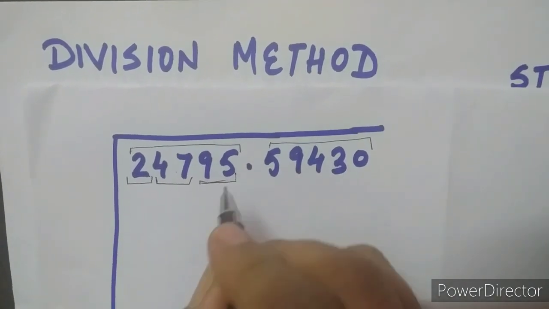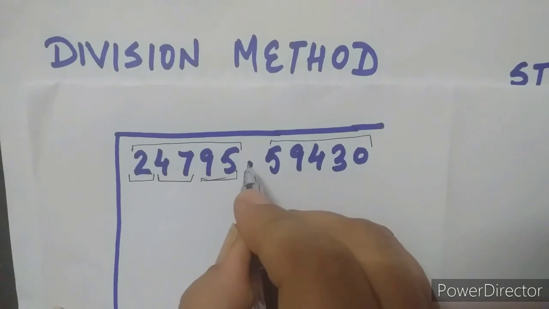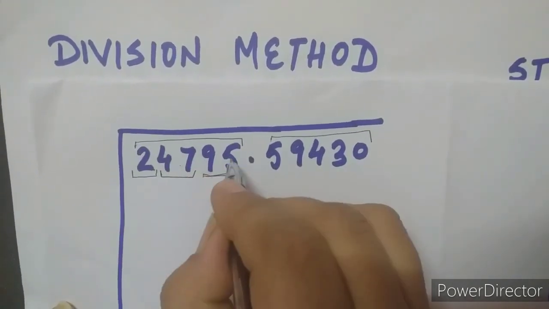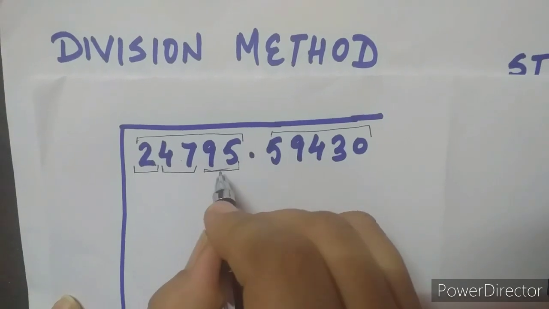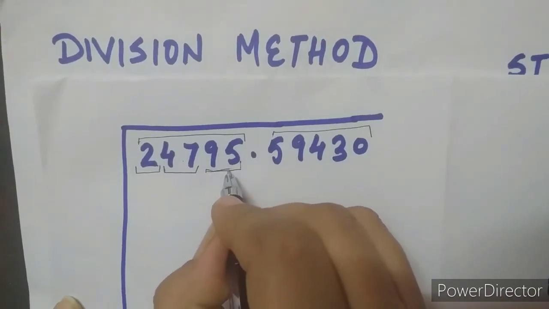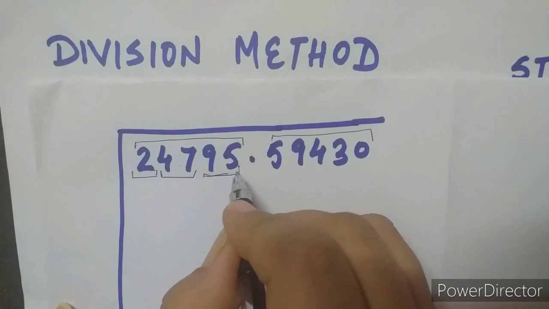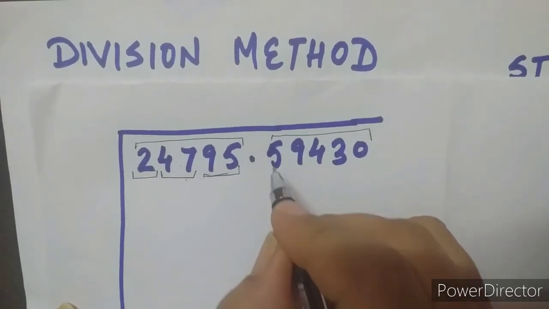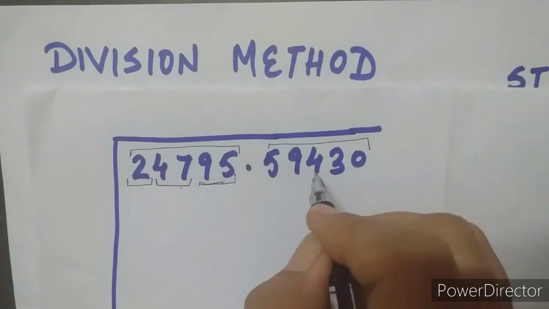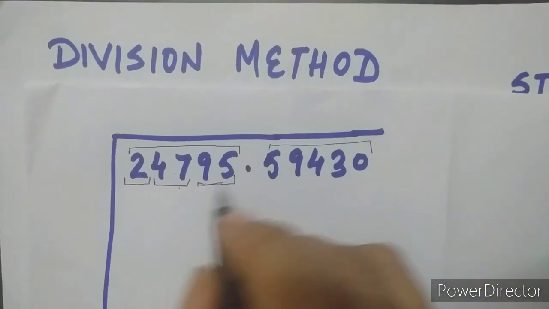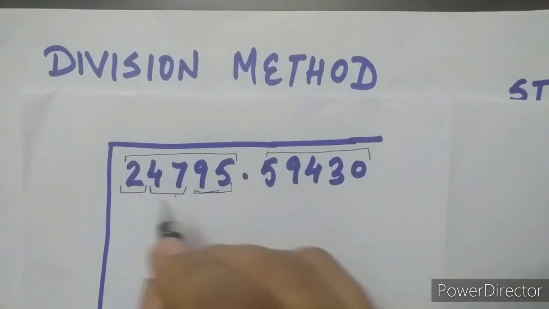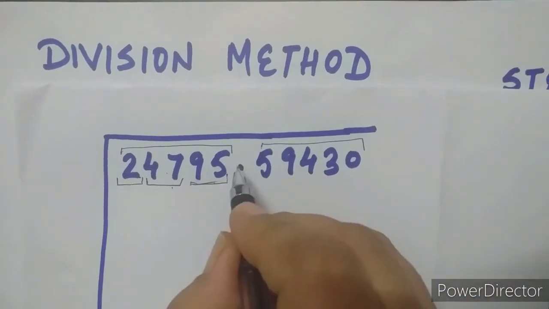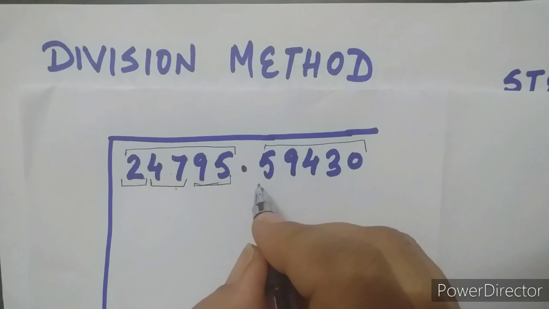So here, when the number is with a decimal, for the integral part or the whole part we will follow the same steps as if there is no decimal, starting from right to left. But for the decimal part the way of pairing will be totally different, totally opposite. This we did from right to left, but for the decimal part we will start pairing from left to right, from the decimal, remember.